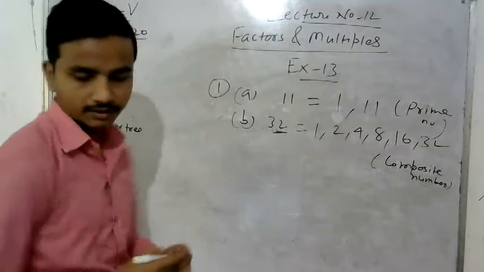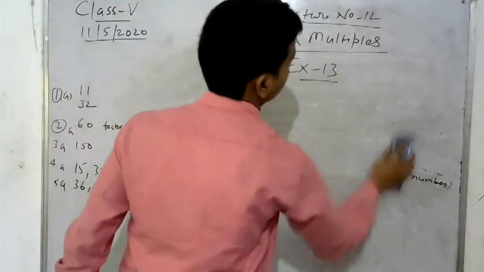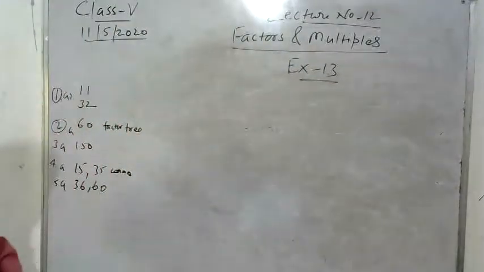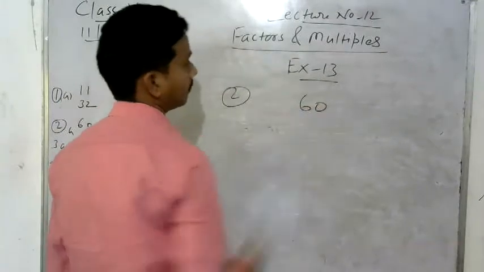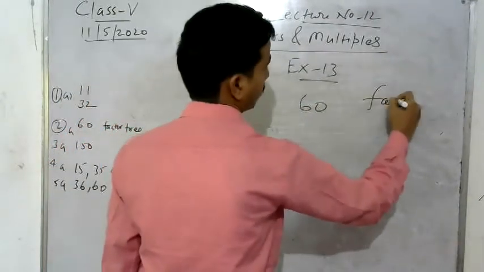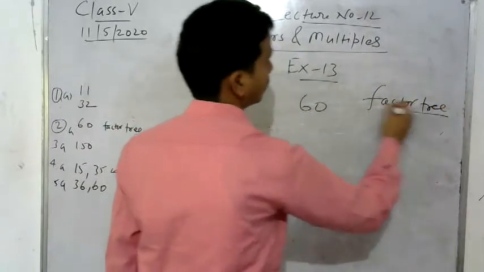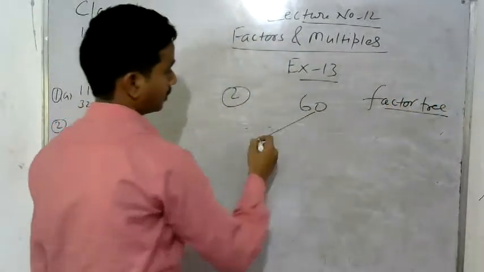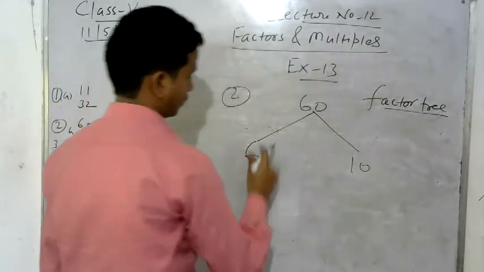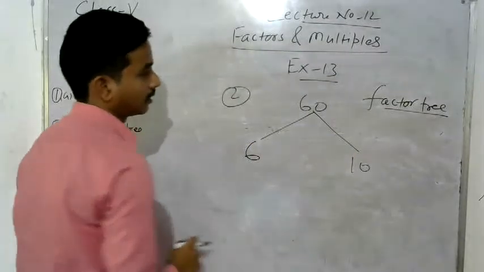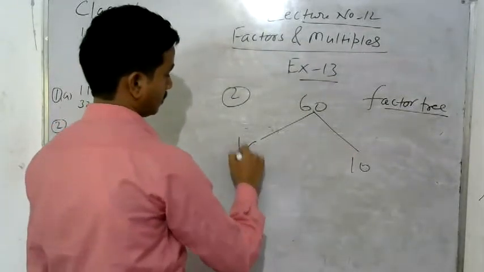Now let's see question number 2. In question number 2, what we have to do? We have to construct a factor tree of 60. How can we make it? We know that 6 times 10 is 60.